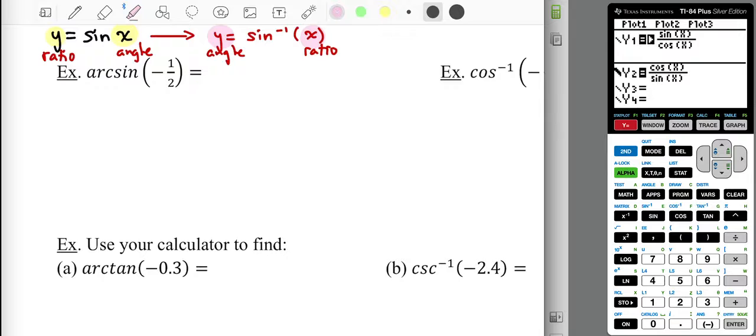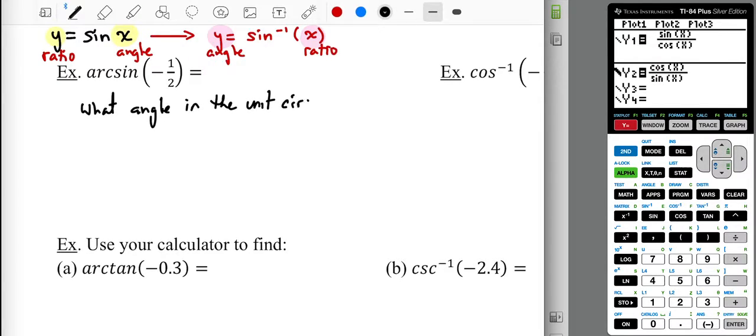So this gets translated, or interpreted, as a question of what angle in the unit circle has a sine ratio of -1/2.